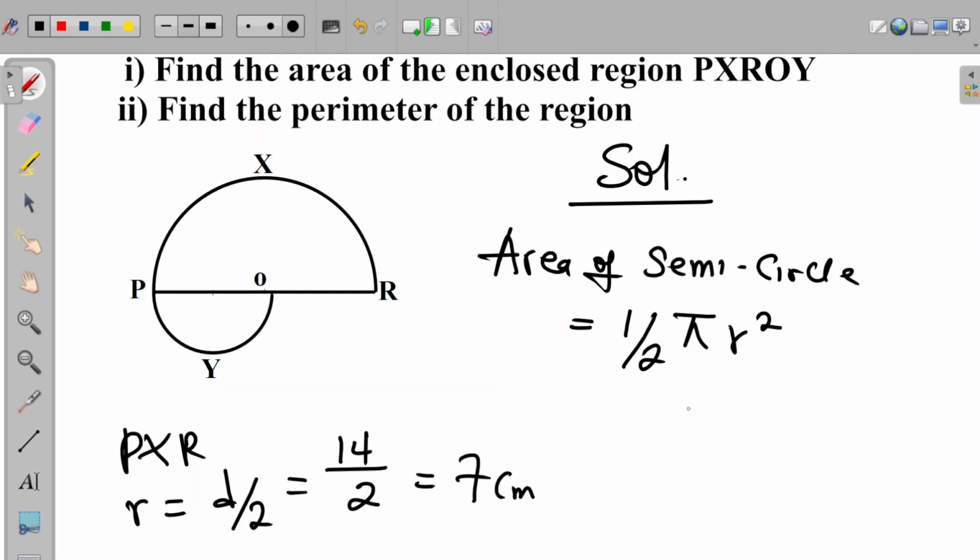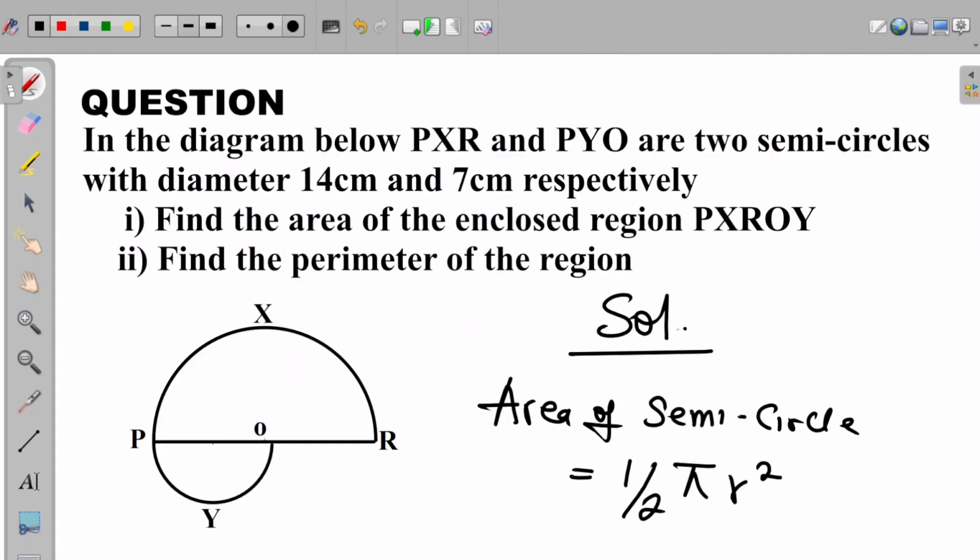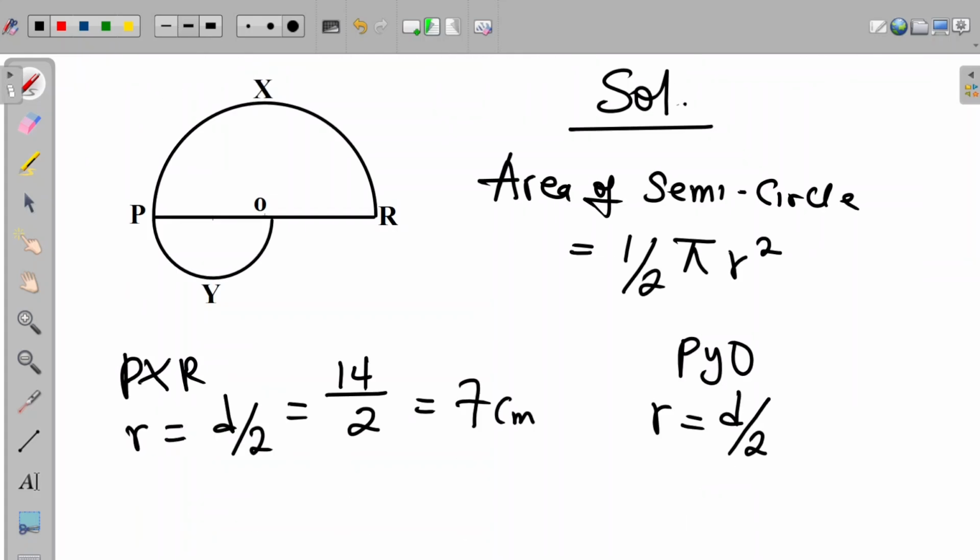Also, for PYO, we have that radius is equal to diameter divided by 2. And the diameter of PYO is given as 7 cm. So this is equal to 7 divided by 2. And the radius is given as 3.5 cm. On that note, we have obtained the radius of PSR and semicircle PYO.